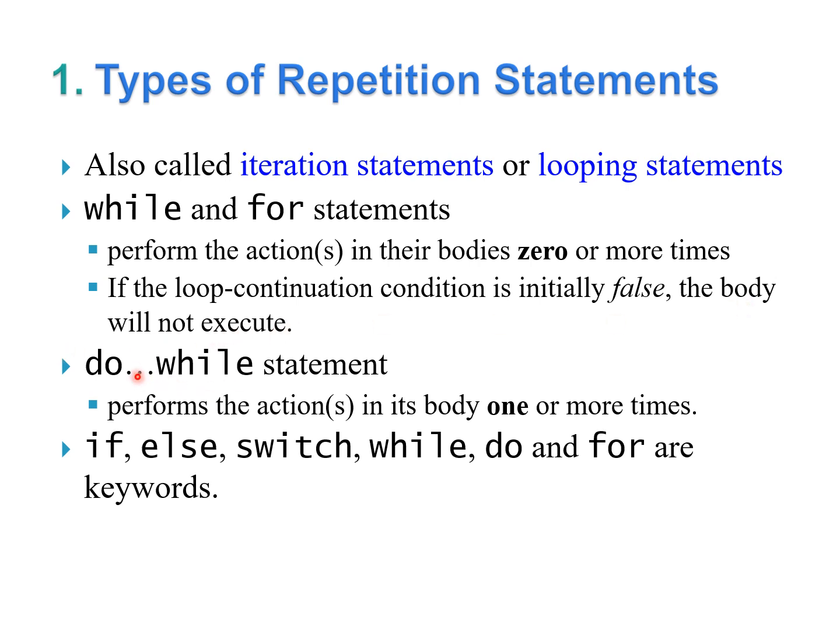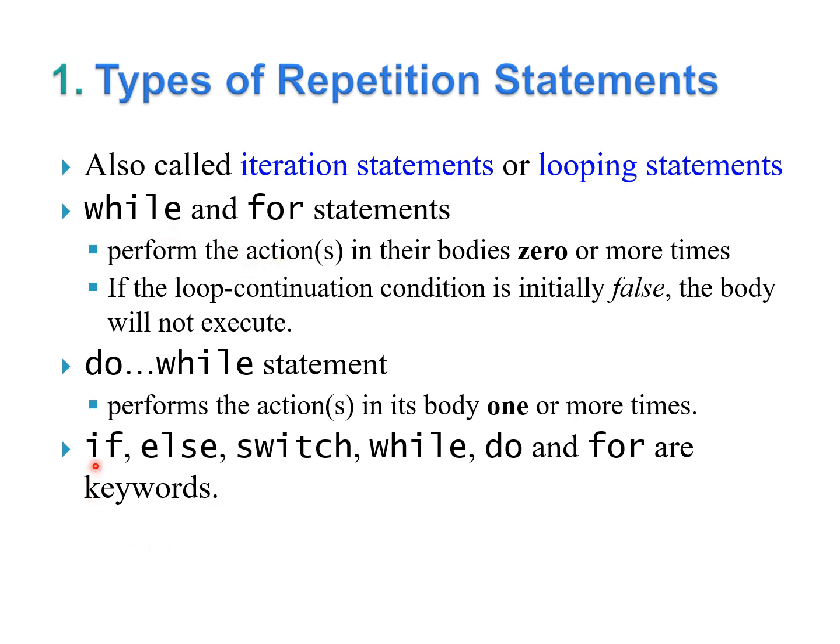The third type of repetition structure is the do-while statement, which performs the actions in its body 1 or more times. So the body in a do-while statement is always executed at least once, while the body of a while statement or a for statement may not be executed at all.